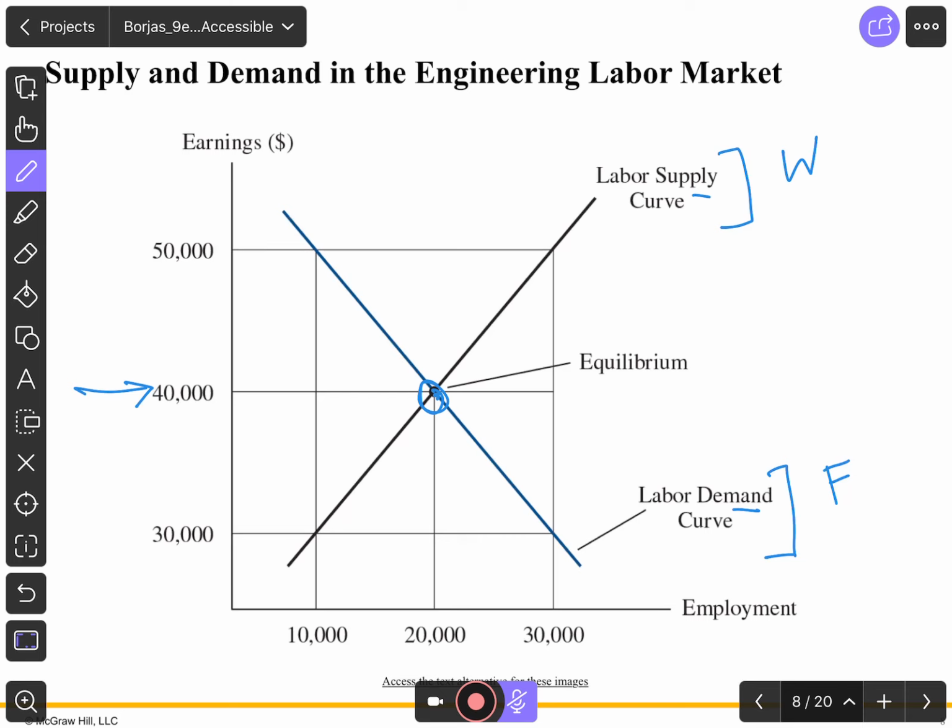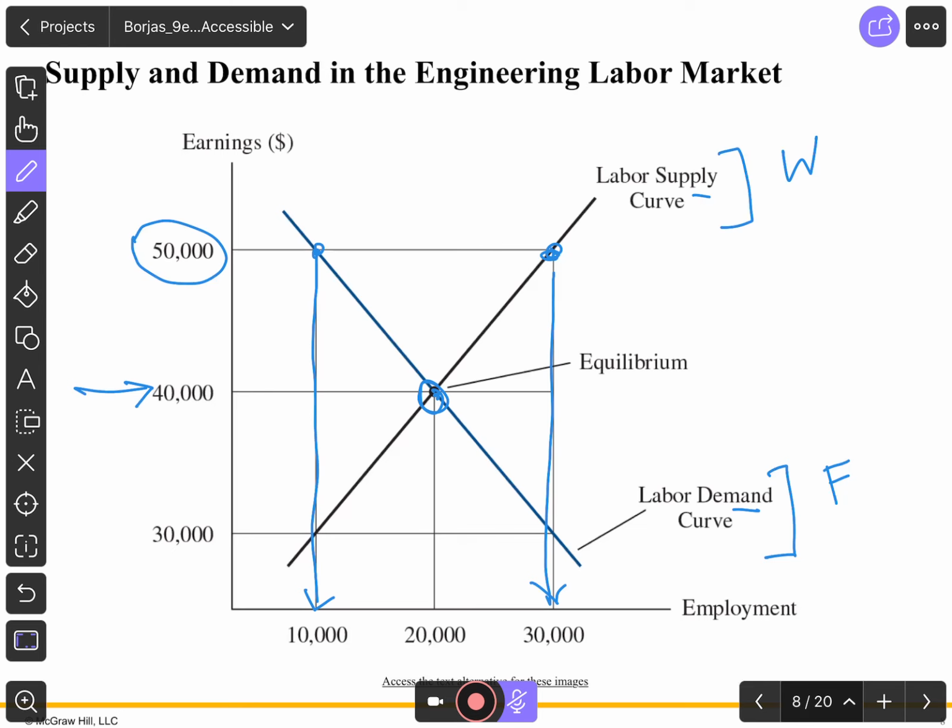And as I said in the previous video, of course, the workers would prefer a higher wage, but the employers will not be able to pay such a higher salary. So at this 50,000, we would be in a point of disequilibrium where we have a supply of 30,000 workers versus a demand of only 10,000.